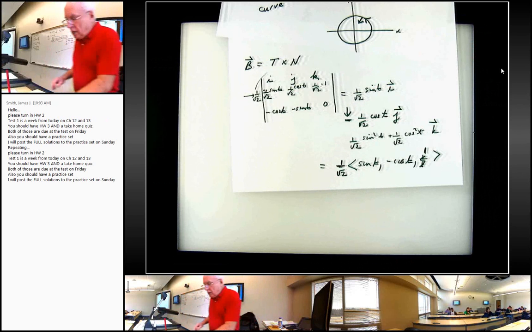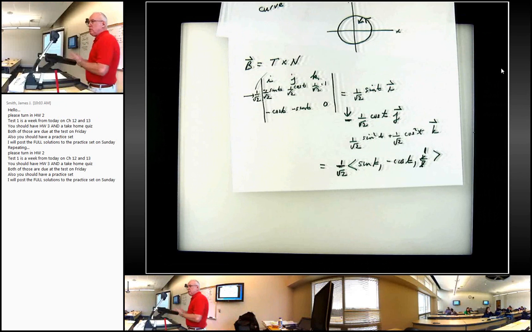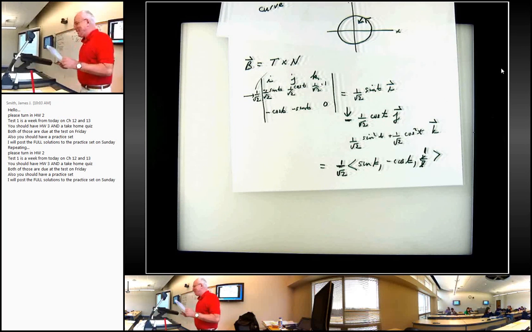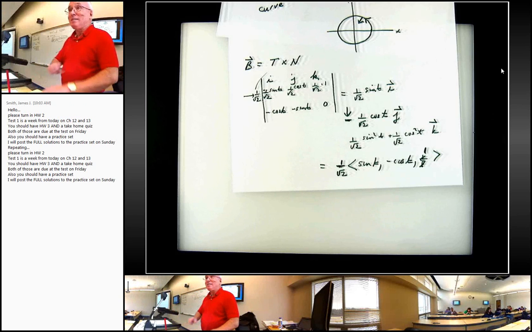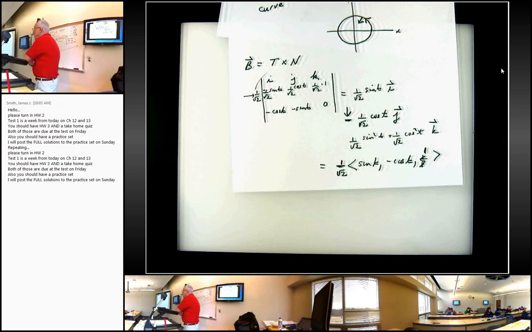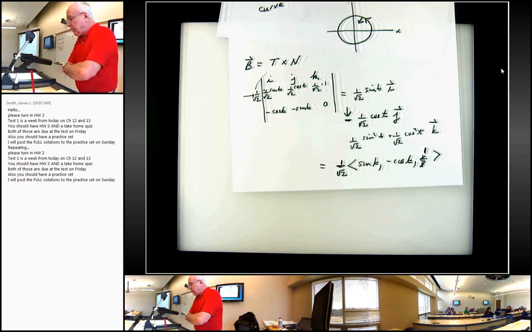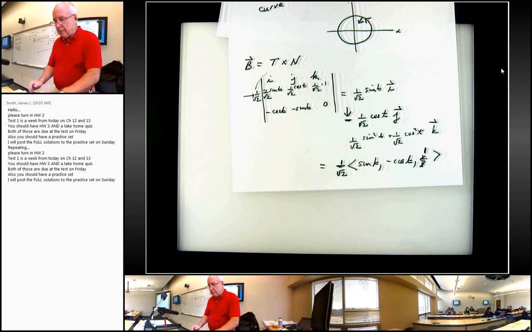So you've got this in the homework of computing the normal and binormal vectors. Is there any question on this process? It can be maybe a little tedious, but you have formulas for these, and it's basically just following the formulas, is what I can tell you.